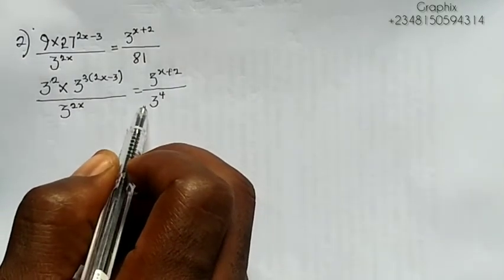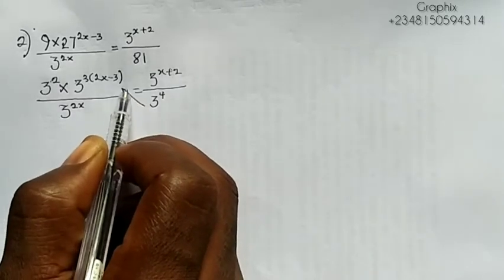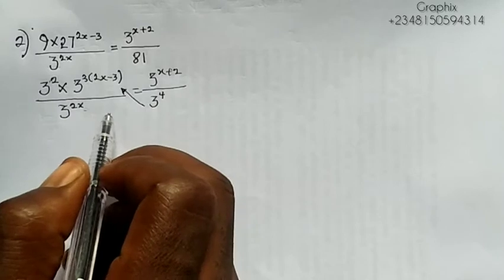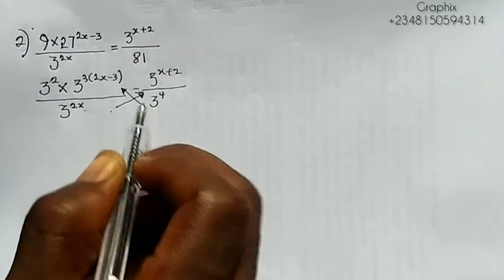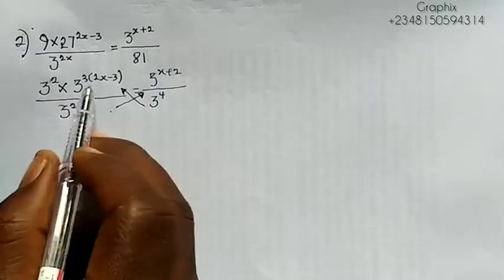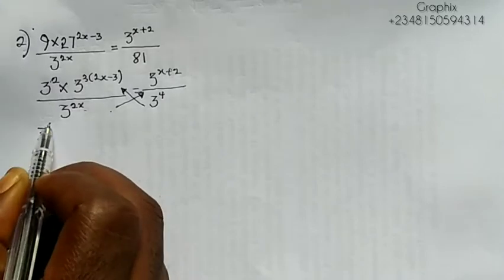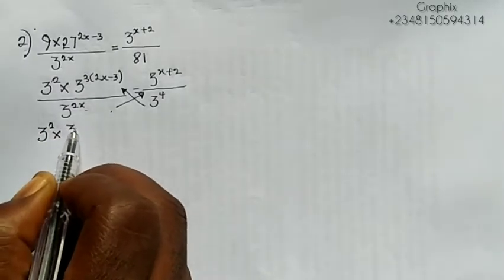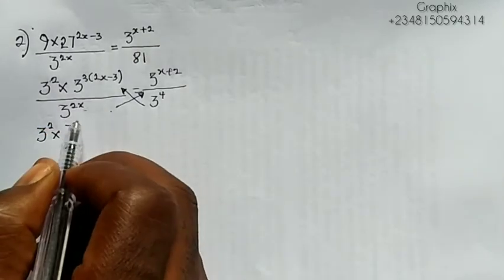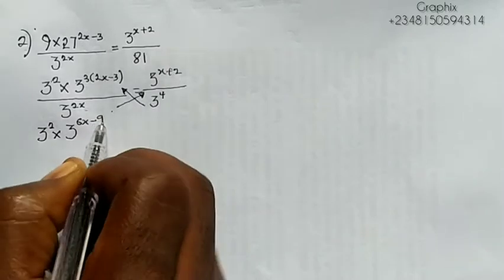I'm going to take this 3 to the power 4 to this side, and I'm going to take this 3 to the power of 2x to this side. Right? So in doing that, from here I'll be having 3 to the power of 2 multiplied by 3 to the power of 3 times 2x, which is 6x, and 3 times 3 is 9.